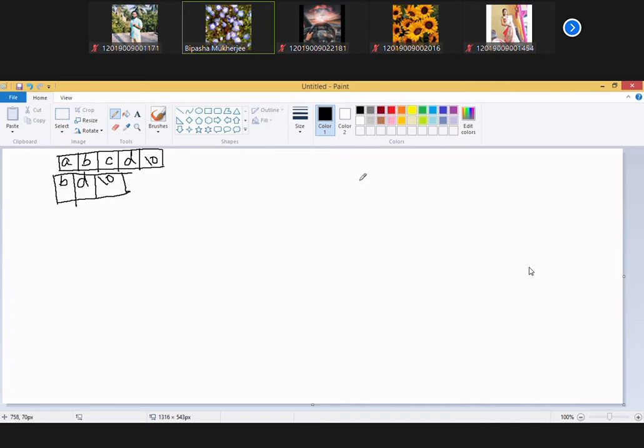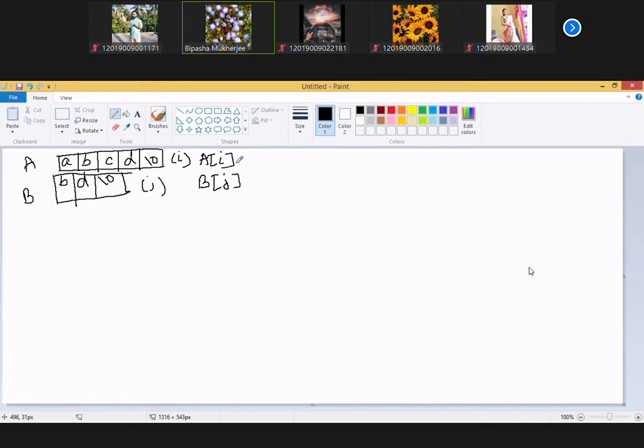We can use a function like this: say this is your string A and this is your string B. All the index positions are pointed out by I for A, and by J for B. Every character of A is identified by A of I, and every character of string B is identified by B of J.